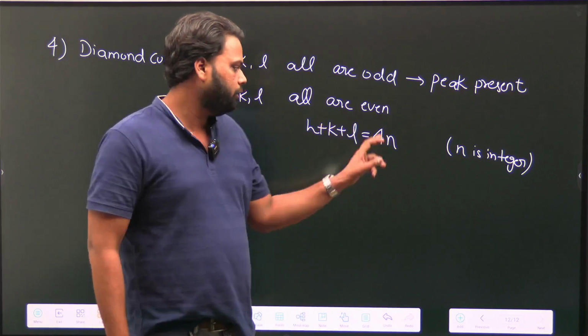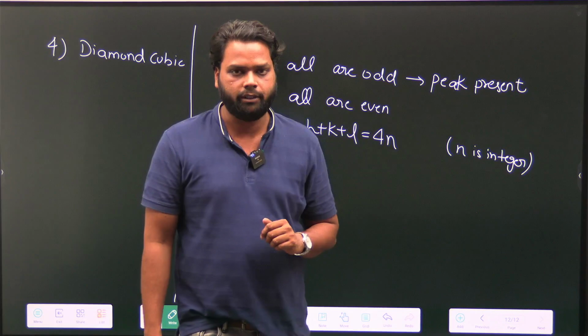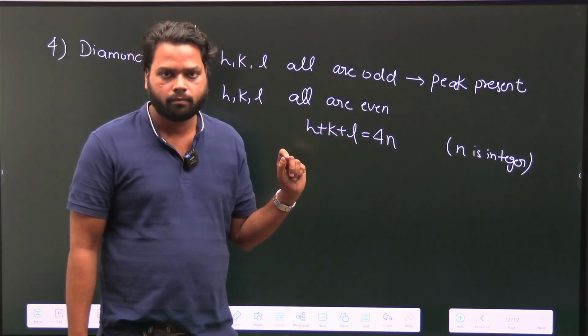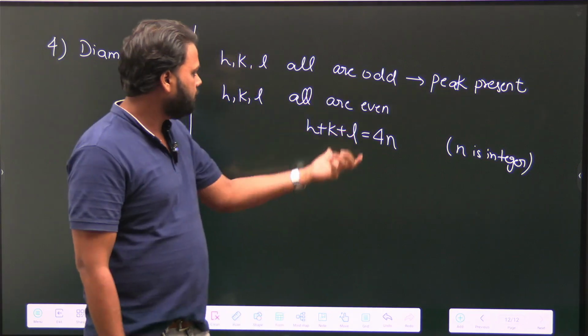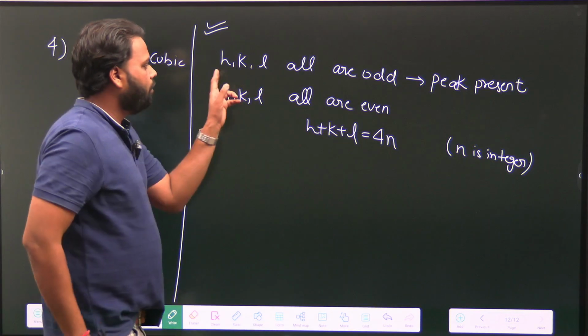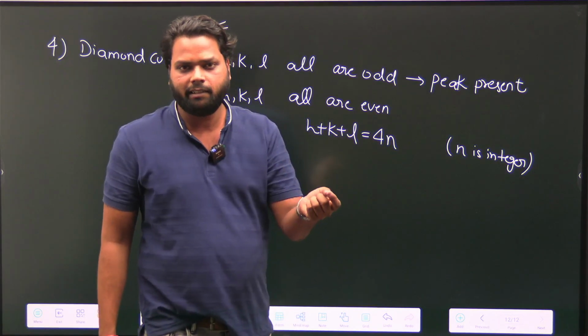क्लियर है? That should be divisible by 4, वो 4 से पूरी तरह से डिविजिबल होना चाहिए। अगर तीनों इवन हैं। ओके, डायमंड क्यूबिक का थोड़ा सा ध्यान रख के आप लोग इसको समझना, ठीक है ना? इफ ऑल आर ऑड, देखो कंडीशन थोड़ी थोड़ी कैसी लग रही है? एफसीसी जैसी लग रही है ना?